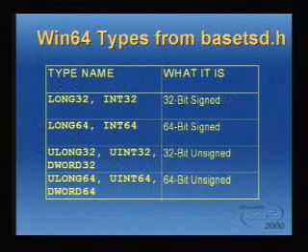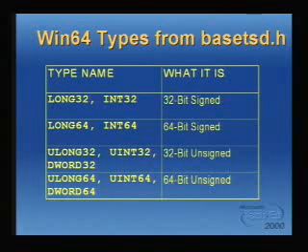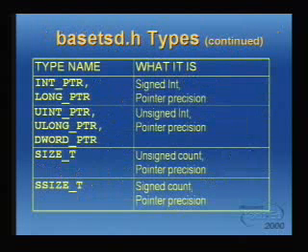The next two slides list the primary types from basetsd.h and say exactly what each one is. Take a look at these. This slide has the explicitly sized types. And here are the types that change based upon which platform you compile for.